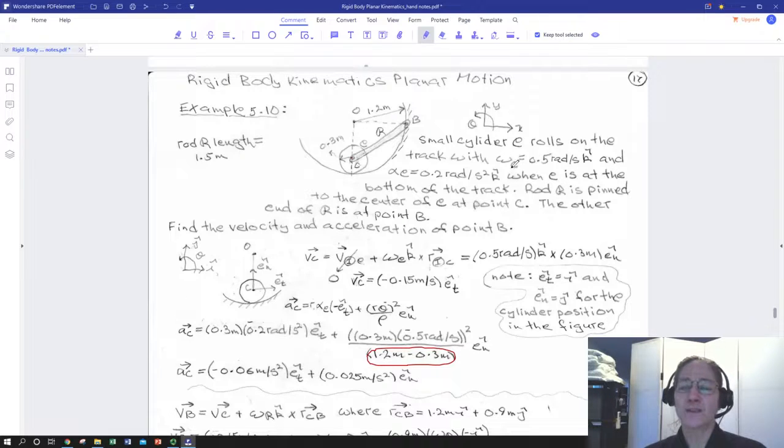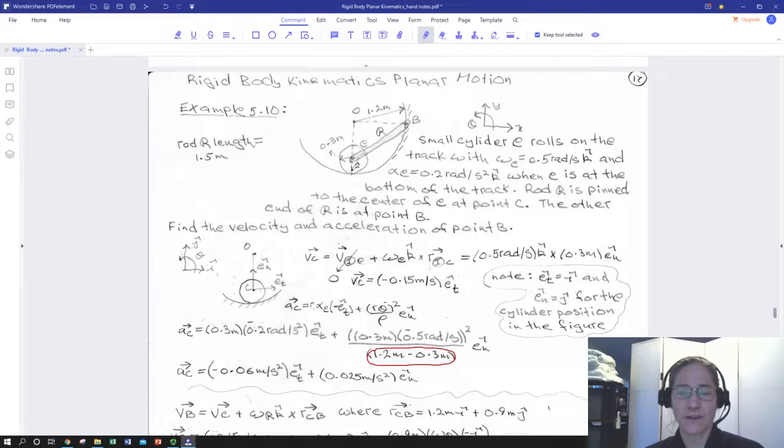The small cylinder angular velocity is 5 radians per second k, so it's positive k hat, counterclockwise rotation, and it's got an angular acceleration, also positive, 0.2 radians per second squared. And this is when E is at the bottom of the track.